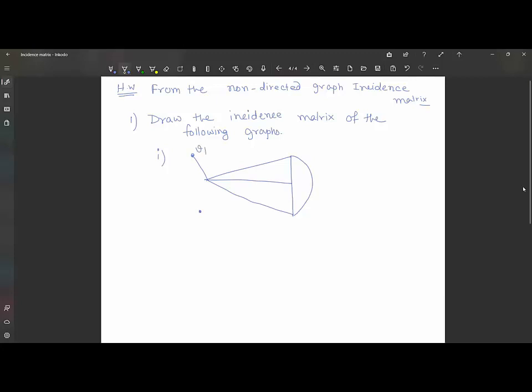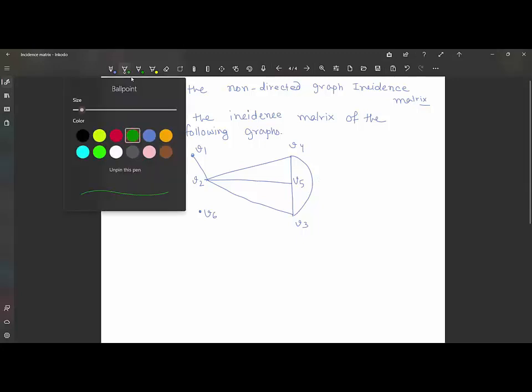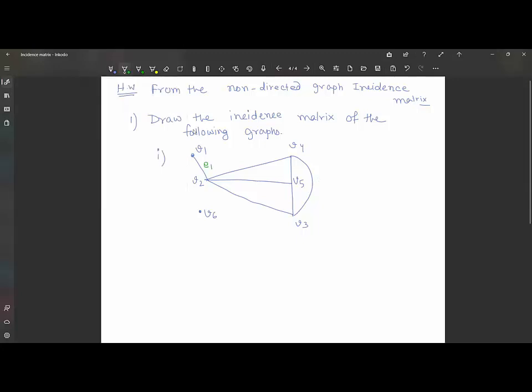So this is V1, this is V2, V3, V4, and suppose this is V5 and it is V6, and take the edges as this is E1, E2, E3, this is E4, this is E5, E6, and this is E7. And just draw the incident matrix of this graph.